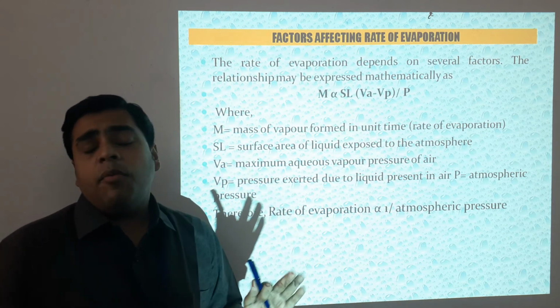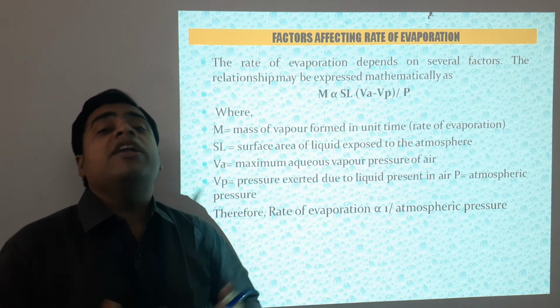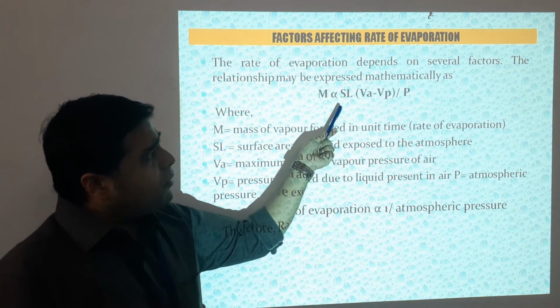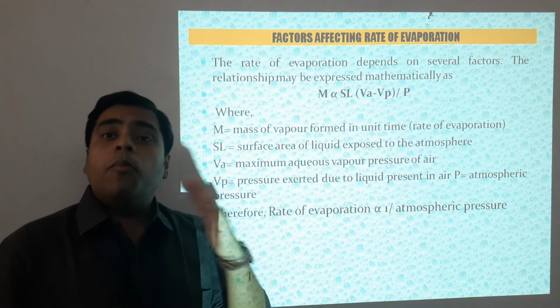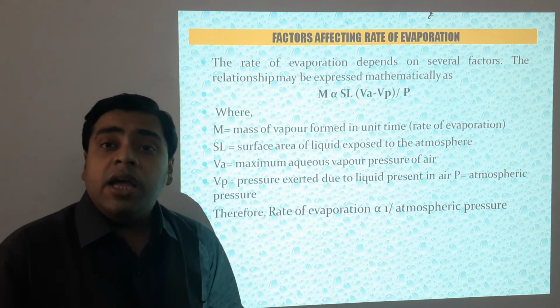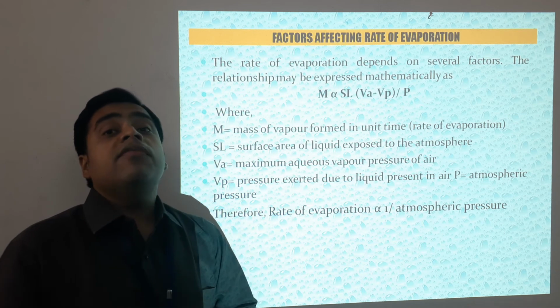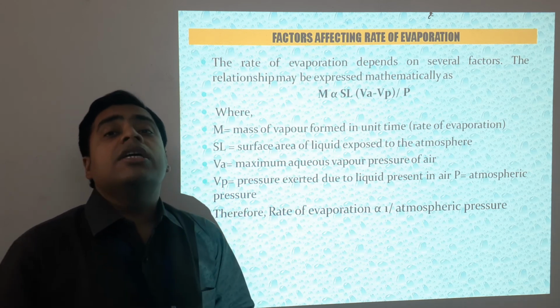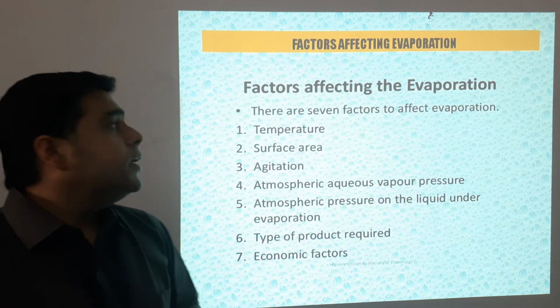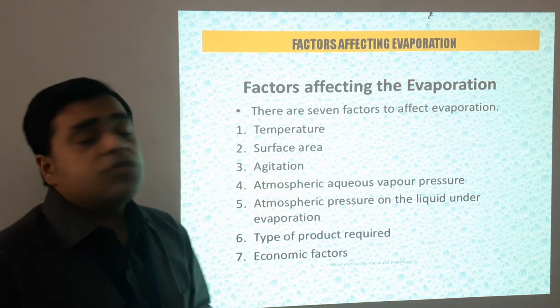So the rate of evaporation is also proportional to 1 by the atmospheric pressure. From this equation, M proportional to SL (VA minus VP) divided by P, we can say what factors affect the rate of evaporation. Let us see the factors one by one.